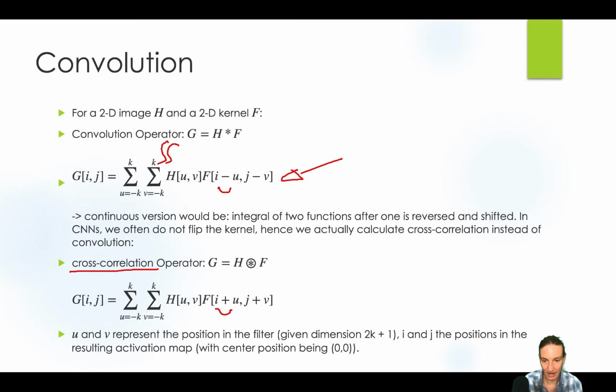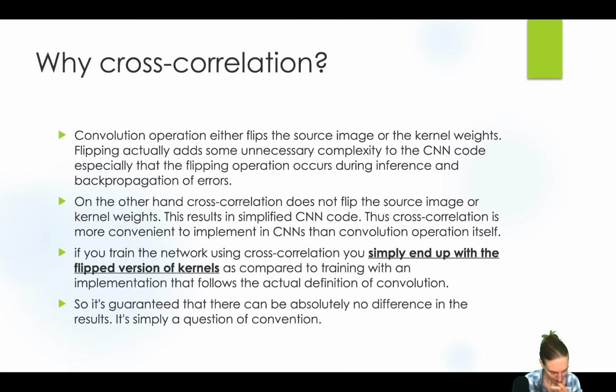The only thing that happens because of this sign change is that the filters that we use, which are actually the weights that we train, will be transposed. So when we use a cross-correlation operation, we actually do the same thing as convolution, except that the resulting kernels that we learn are transposed.